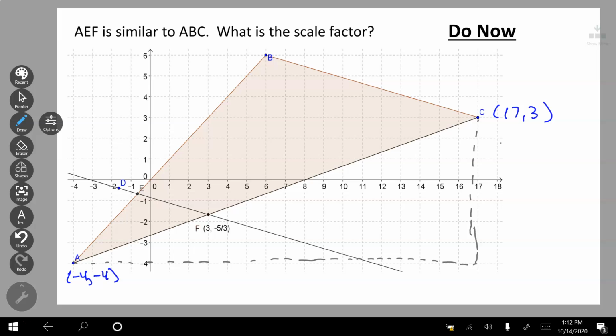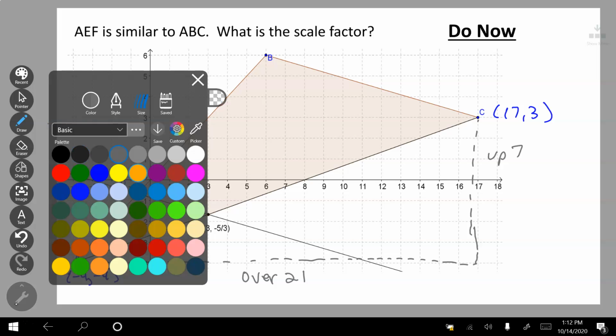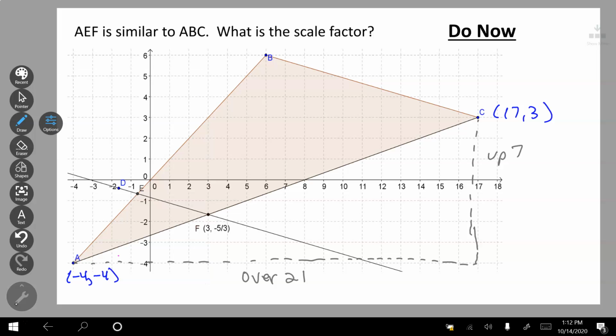So if I look at this carefully right now, it's up 7 and over 21 when I count squares. Well, I could even count 17 to -4 is 21, and from 3 to -4 is 7. But I want to do this point here. So if I go to this point here, a little bit harder to see.